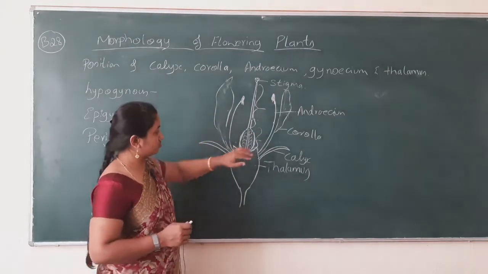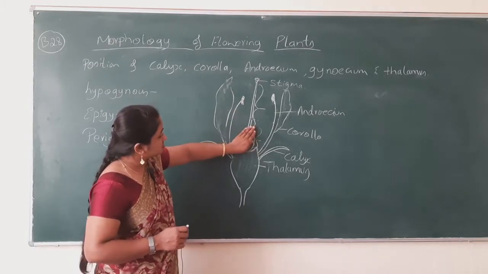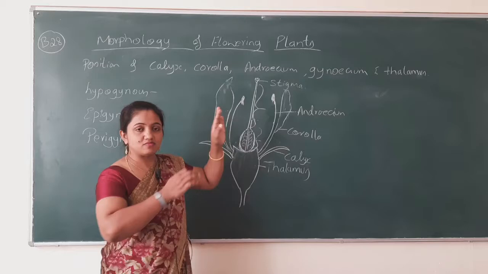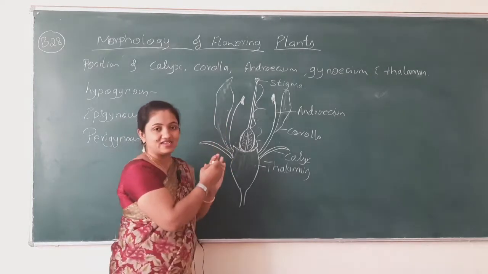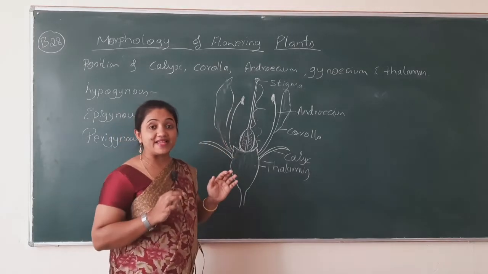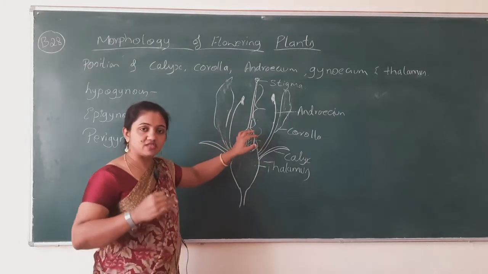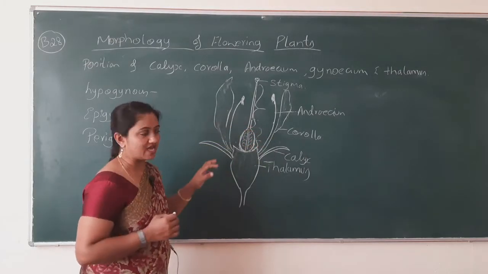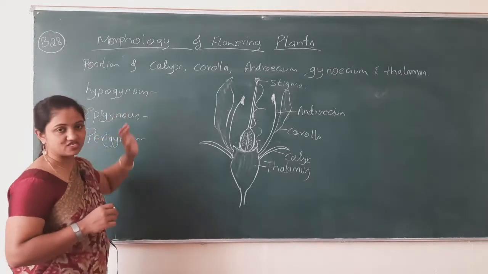Superior means upper part. Because of this kind of arrangement, the ovary has taken the superior part. This type of arrangement of flower is known as hypogynous flower.